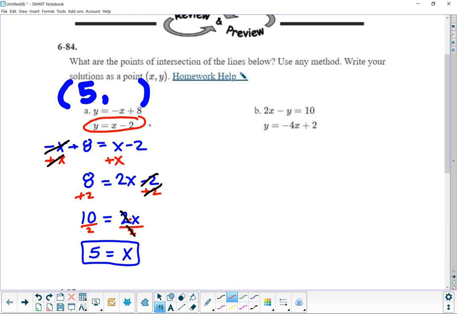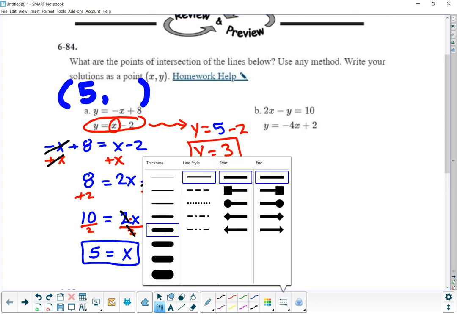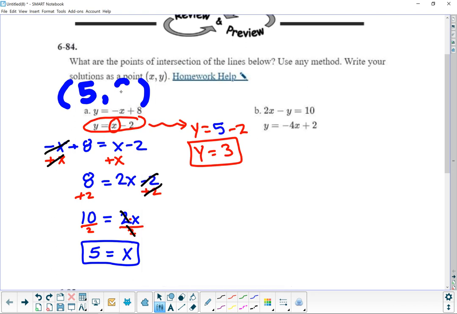So y equals, and you see how it says x minus 2? Well, instead of x, I'm going to write in 5 minus 2. And 5 minus 2 is 3. So the second part of your answer is y equals 3, and that is your answer, (5, 3).